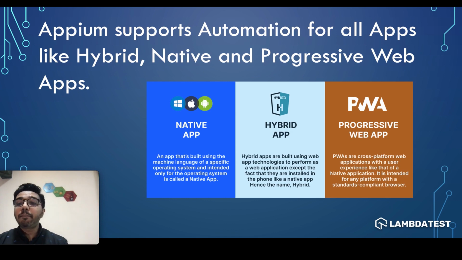Now what happens in progressive web applications? A progressive web application is also quite similar to hybrid, but there is a big difference. It is kind of a cross-platform web application. Apart from the cross-platform web application technology, one of the best things about a progressive web app is you can use it without internet also.